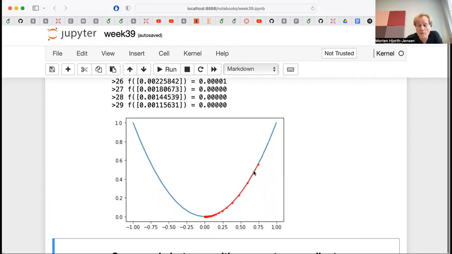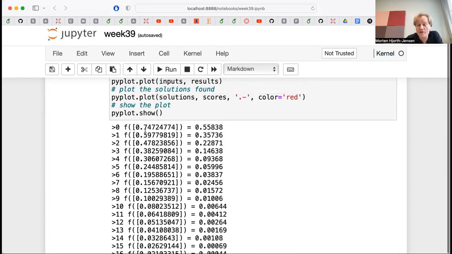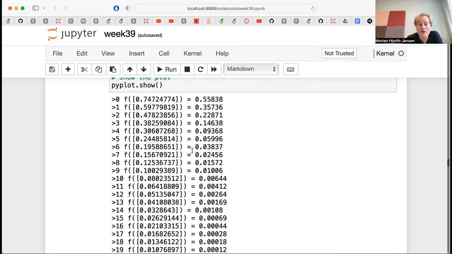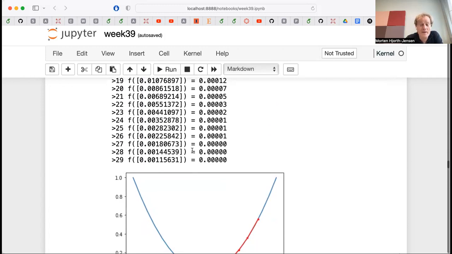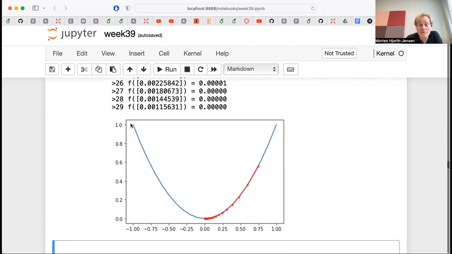And here you can see the way we proceed, starting with a specific value, where we now started with a guess of 0.75. And here we calculate the function values, and we know that the optimal value is at 0. And the result here, you can see now that there is a pretty slow convergence.